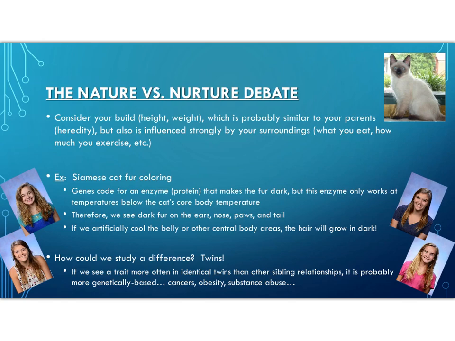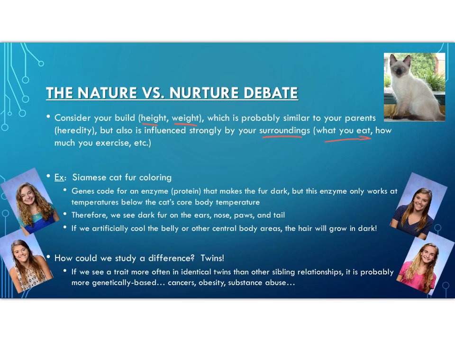So first, think about your build, height and weight. We're pretty confident that there is a hereditary component to this. So tall people tend to have taller kids, and thin people tend to have thinner kids, right? But there's definitely no doubt that this has to do with your surroundings as well, your behavior.